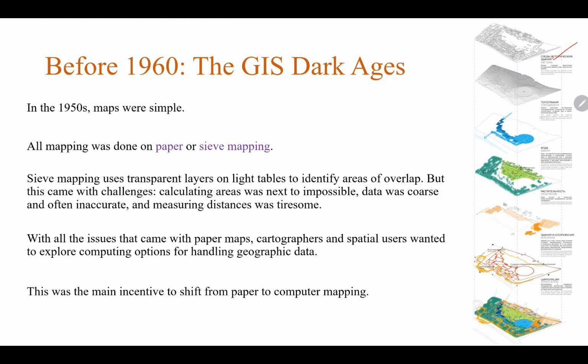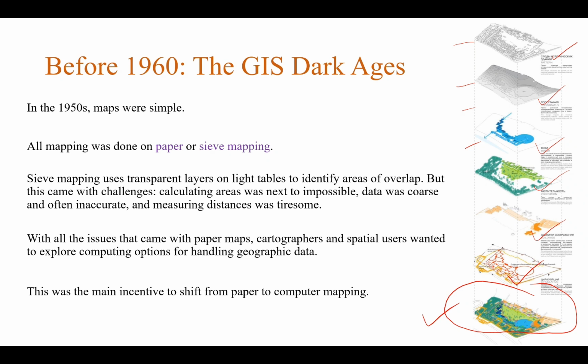So for example, you have settlement, contours, water bodies, agriculture, business or industrial areas, your roads and transportation networks, and in the end you put all the sieves together, you stack them up, and you get one final map. So this is a very tedious task, and it is simply very difficult, tiresome and not feasible.